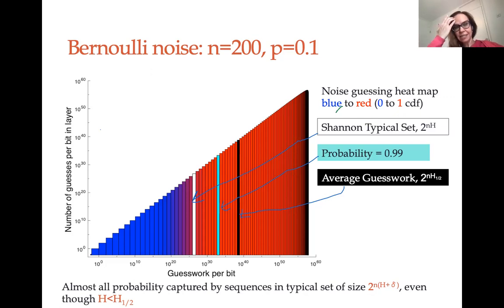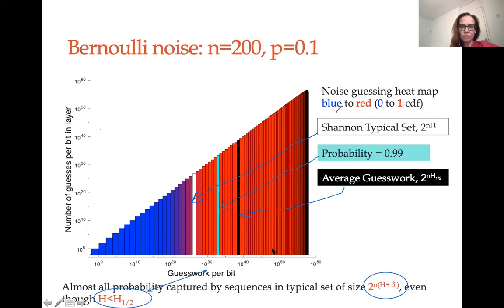Okay, so basically, again, almost all the probability is going to be captured here in the set of size 2 to the n(H plus delta), even though H, as we mentioned, the Shannon entropy, is less than the Rényi entropy of order 1/2, which is what would actually be required.